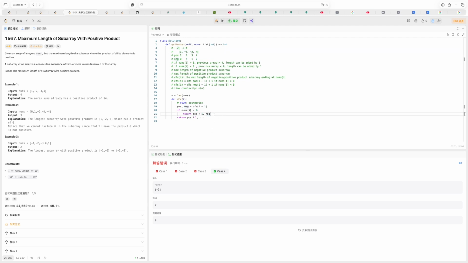Okay, maybe let's first do if nums I is smaller than 0, then the positive value will be negative plus 1.